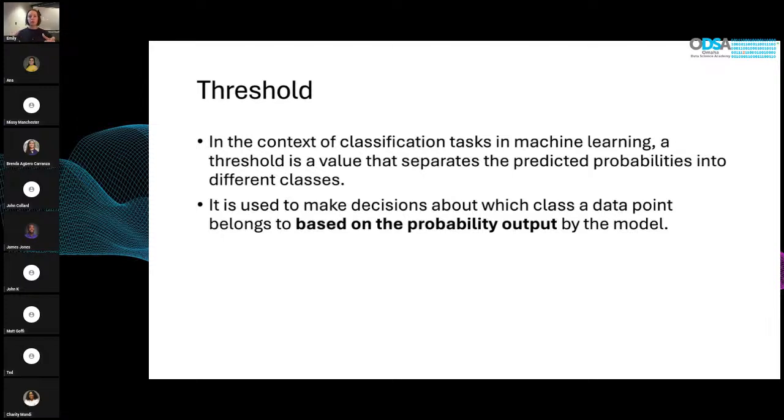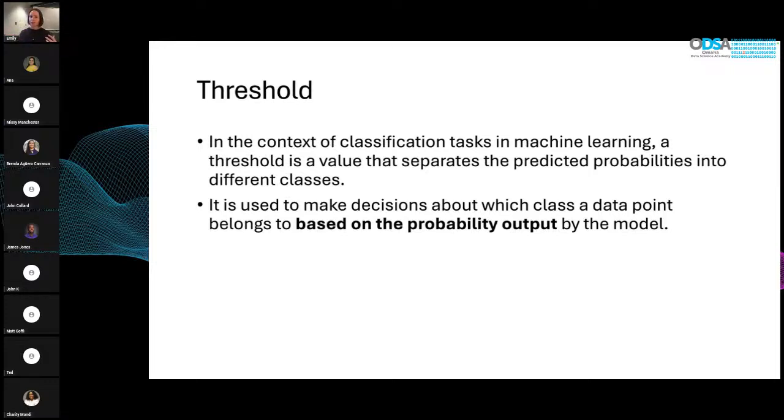So a threshold, in the context of machine learning and classification, specifically binary classification, if we want to really simplify it, is a value that separates the predicted probabilities into different classes. We have 0.1, 0.2, 0.3, 0.4, 0.5. We've got 0.55, 0.555.